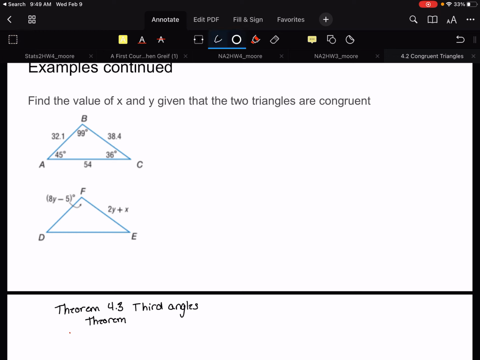So I know that this is congruent to that 99. They're in the same orientation, so I have 8y minus 5 equals 99. So I can solve for y first, because notice this one has both x and y. So if I solve for y, then I can figure out what x is, which is going to be equal to that 38.4.